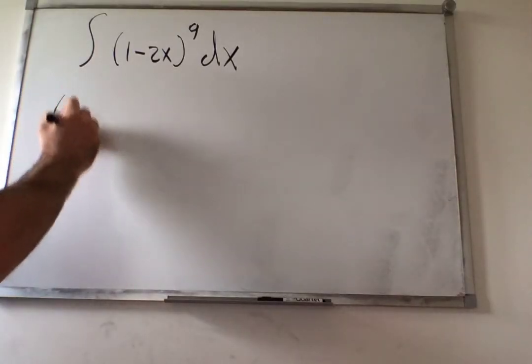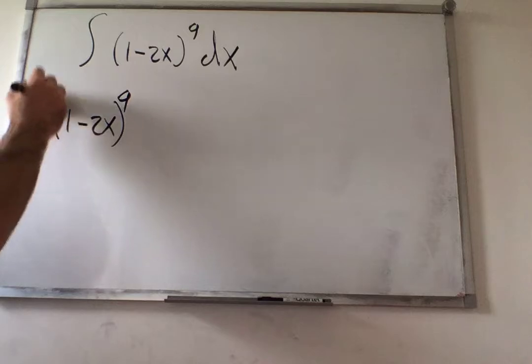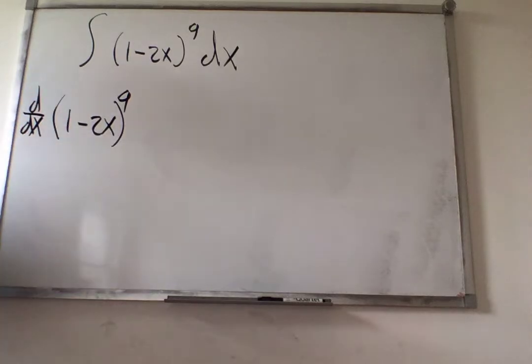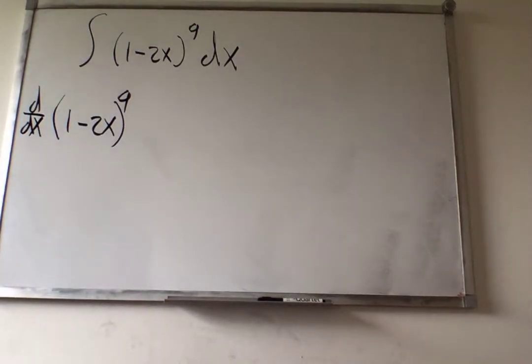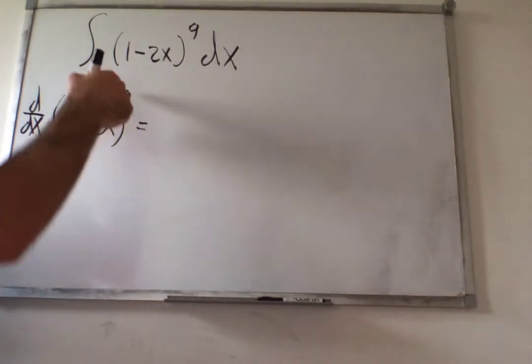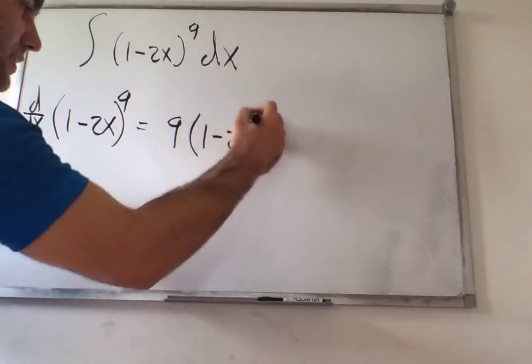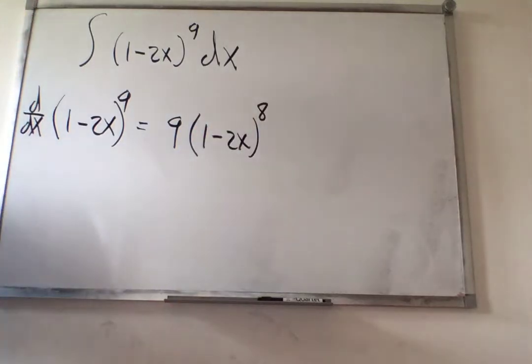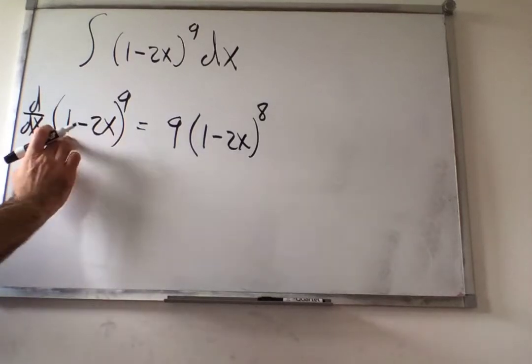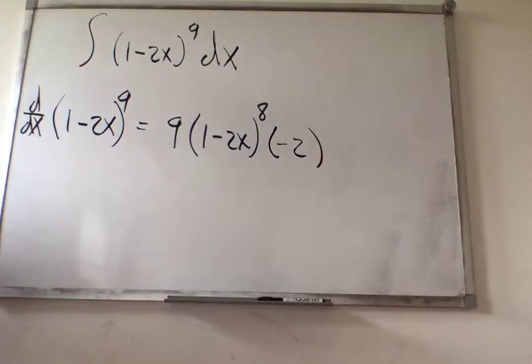We don't need the derivative, but I think it gives you good insight of what we are doing when we do the substitution rule. If I were to take the derivative of this, the power is going to come out front, (1 minus 2x), I'm going to drop one power, and then I have to remember to take the derivative of the inside. The derivative of this inside right here is negative 2.